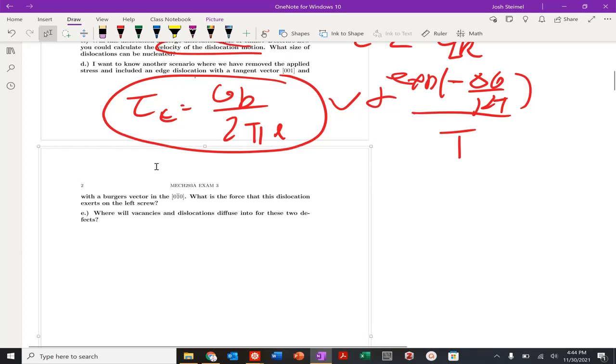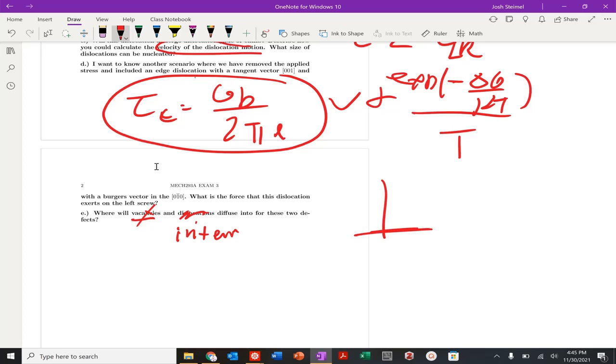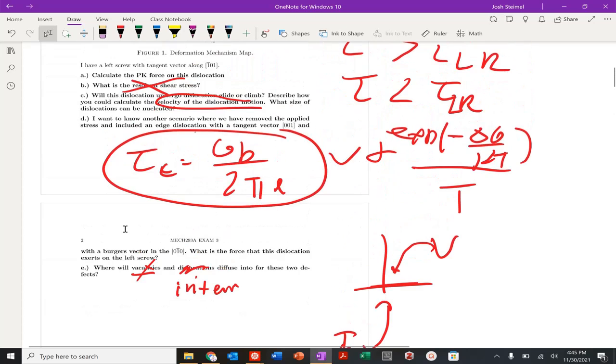Where will the vacancies and interstitials diffuse into for these two defects? Well, for the screws, they're not going to interact with vacancies or interstitials. But for my edge dislocation, the vacancies are going to diffuse into here, and the interstitials are going to diffuse into there, just like we talked about several times in class and in other problem sets.